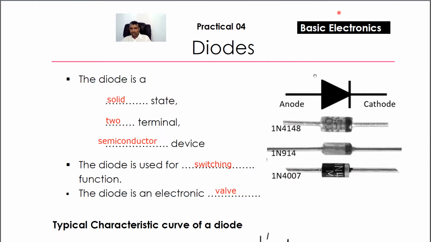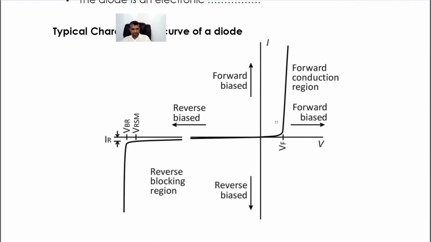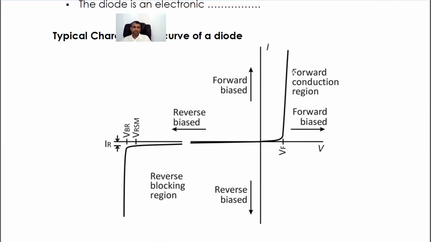Let's move on to the diode characteristics. You have already learned these characteristics. When the anode voltage is greater than the cathode voltage, we call that forward bias. When you increase the voltage beyond a specific voltage, called the barrier voltage or forward voltage, the diode will conduct current significantly.